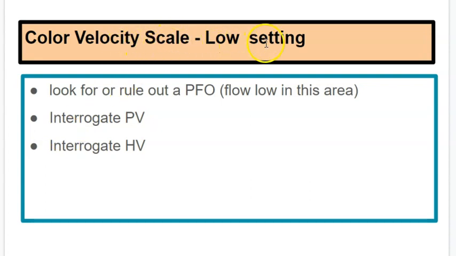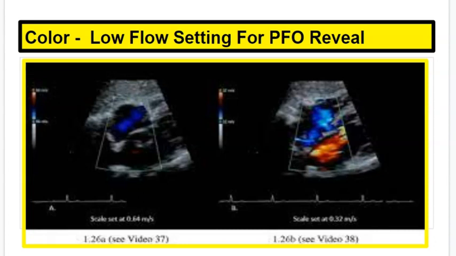We have a low setting that we talked about on the Doppler optimization settings. We have a low, high, medium, and adapt. And these low settings are good for interrogating the pulmonary veins with signals of very low velocity, and also interrogating the hepatic veins in the liver where the IVC dumps in there. This is a low setting. We demonstrated that.